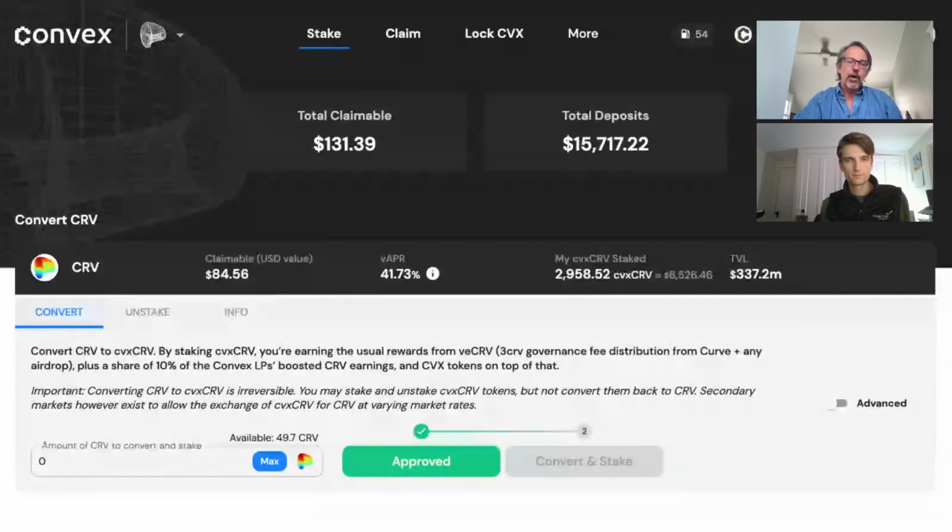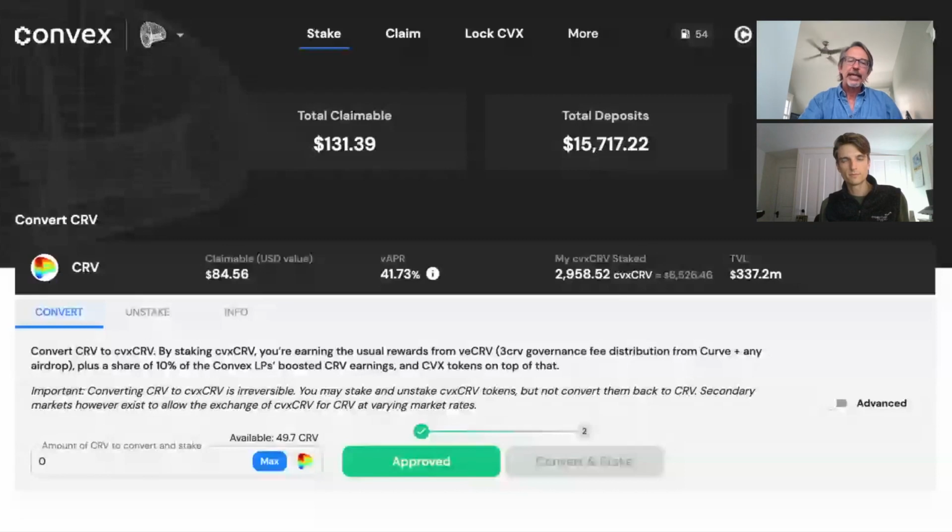What Convex saw is that these vote-enabled Curve tokens could decide how many Curve tokens are awarded to what liquidity pool, the gauge that I was talking about. Convex gamified and strategized, and said our goal is to own as many locked Curve tokens as possible and basically control the gauge.